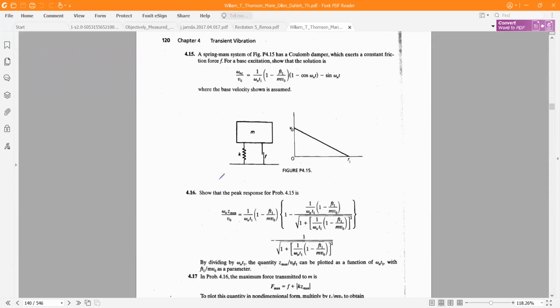It says to show that the peak response from problem 4.15 is equal to this expression. So let's see the equation for the peak response. For 4.15, the equation is given as omega n z over v naught. There is a printing mistake here.